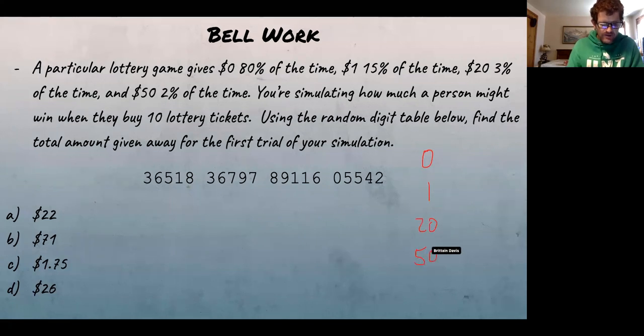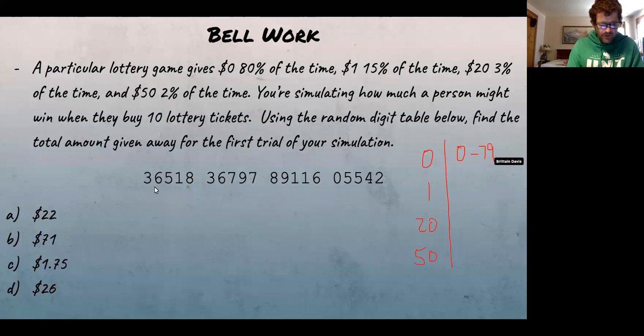Now, because you're not going from 1 to 100 on a random digit table, you can only go to 99. So you have to go from 0 to 99 instead of 1 to 100. If the first 80% is going to be modeled, I would go from 0 to 79.